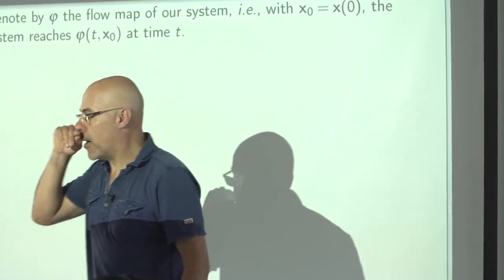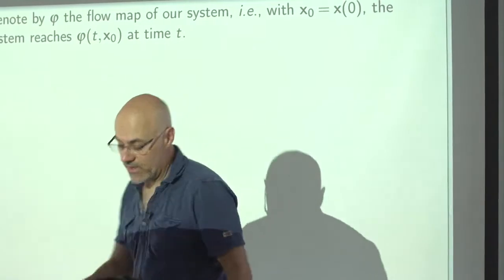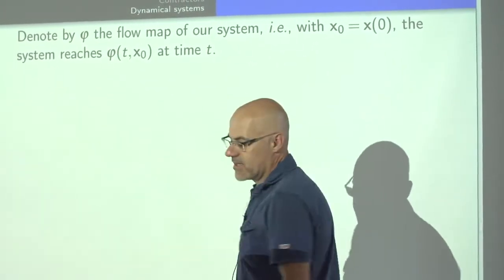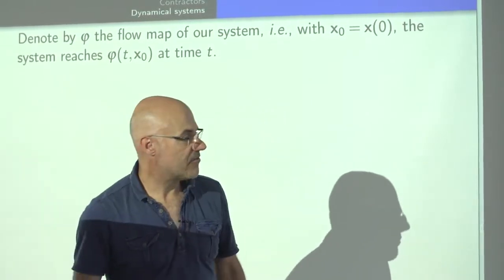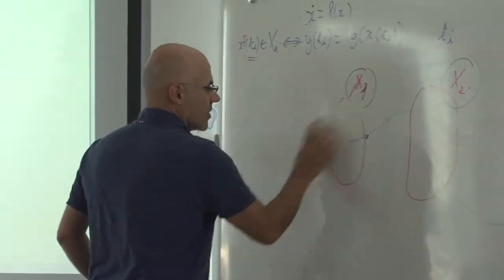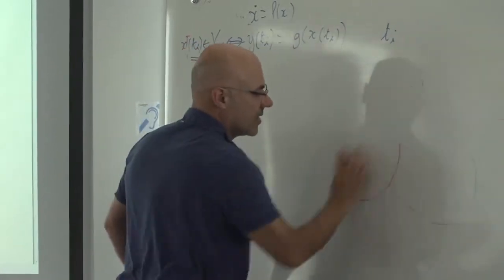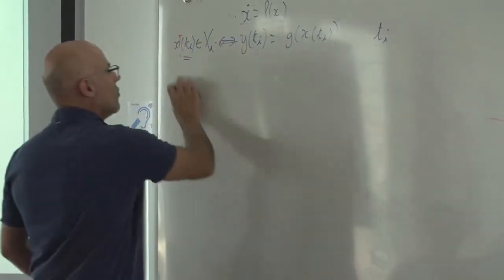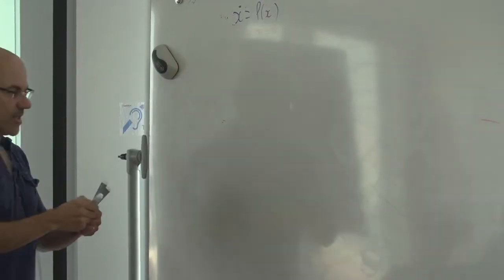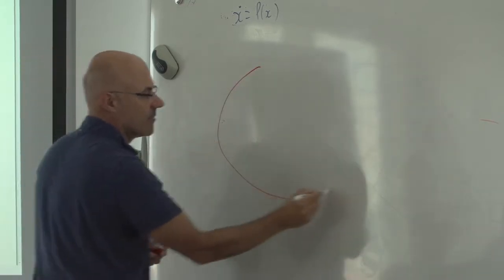Everything is based on the notion of invariant sets. What is an invariant set? I have shown before an invariant set. It is a set, so I erase this, move this. When you deal with a differential equation like this one, an invariant set is a set like this.